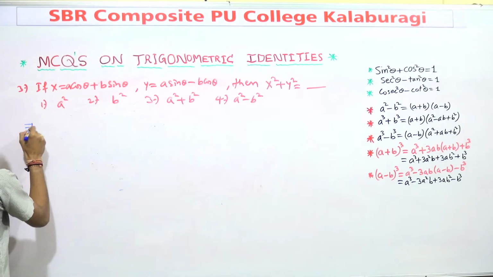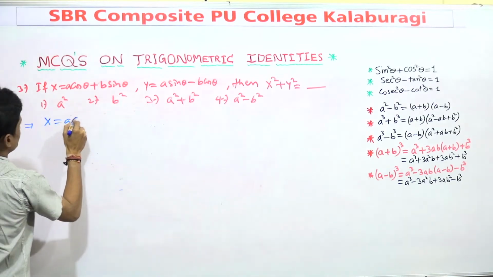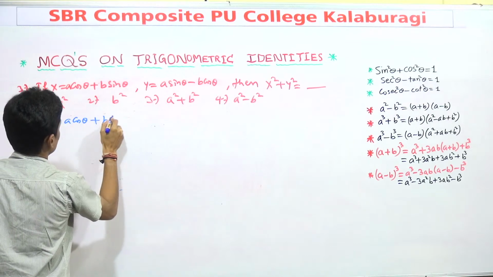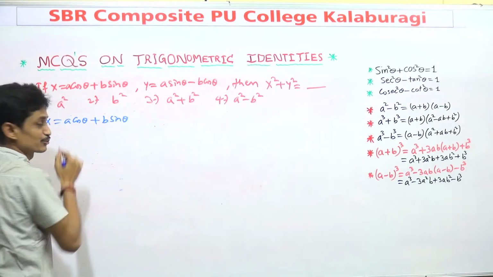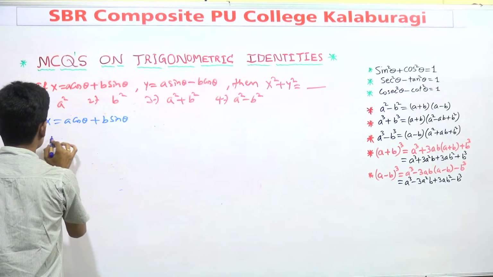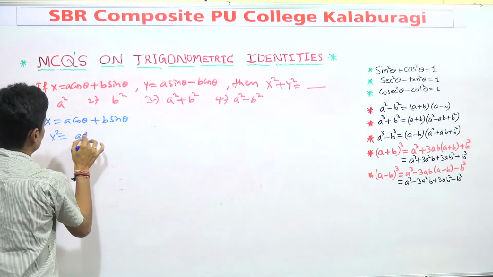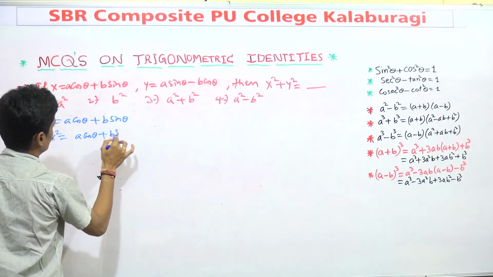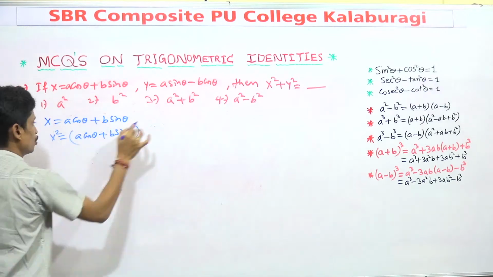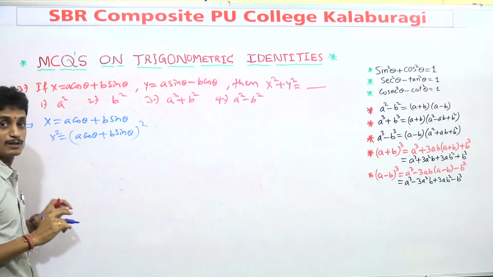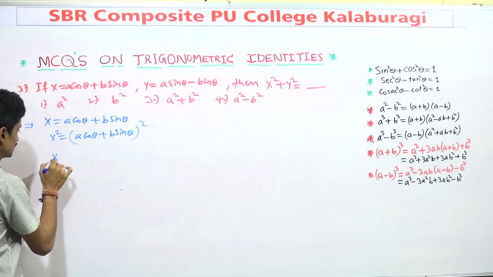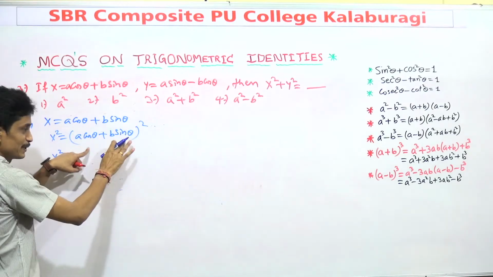Slowly, first we write x equal to a cos theta plus b sin theta. Squaring on both sides, x square is equal to (a cos theta plus b sin theta) whole square. This is x square, (a plus b) whole square.